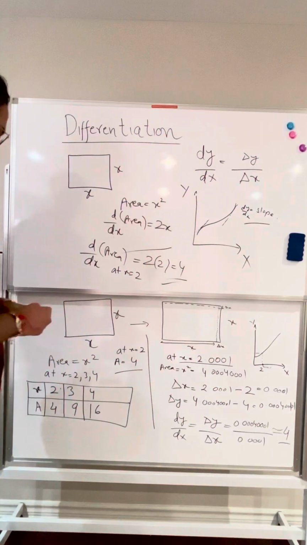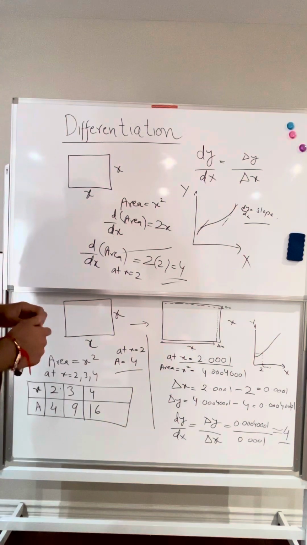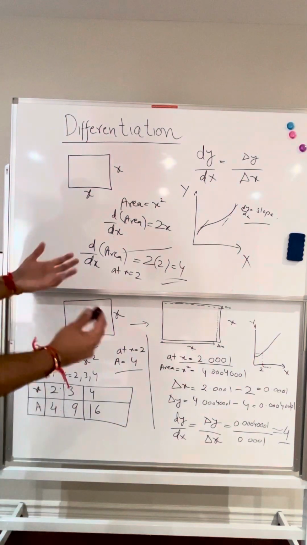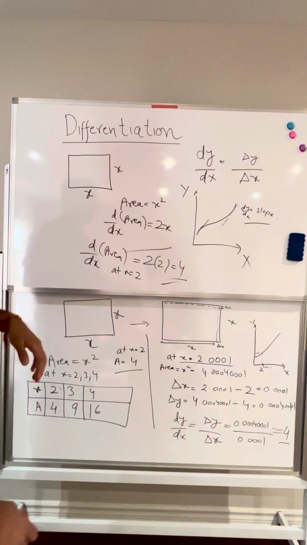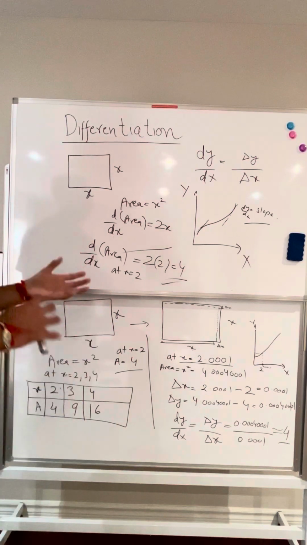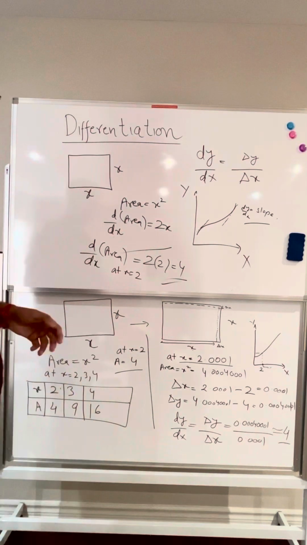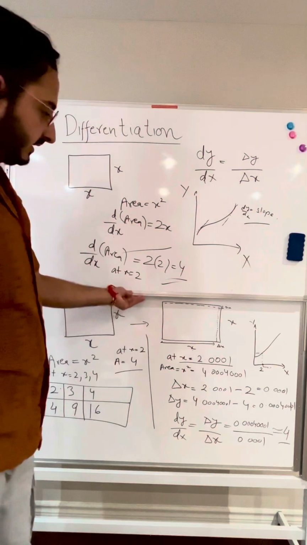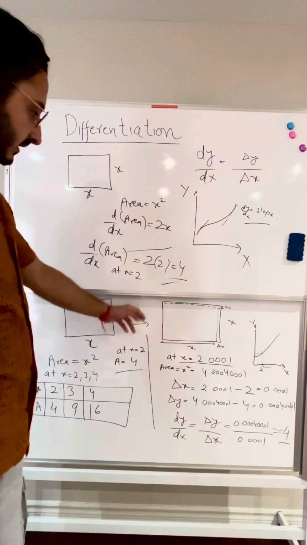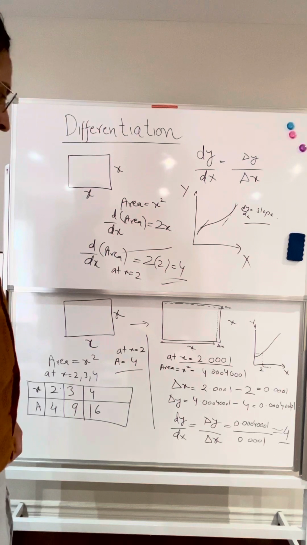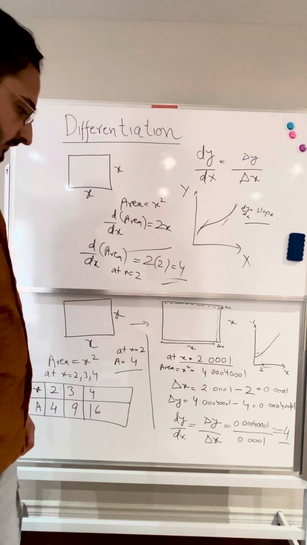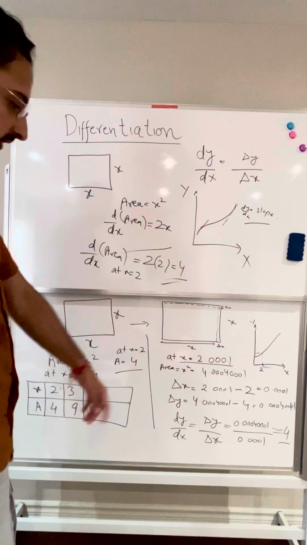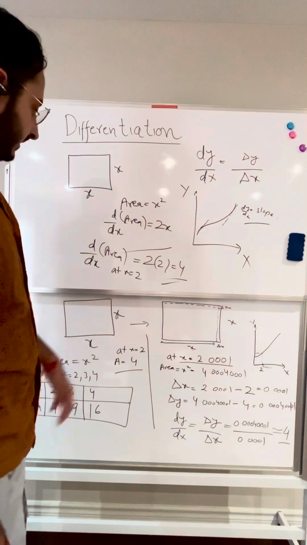So I hope you understood the example, both the life experience that I showed initially with the life problems to get a feel of what differentiation is, and then a practical experience with the rate of change of the area of the square that I just showed, and also proved that they are the same.